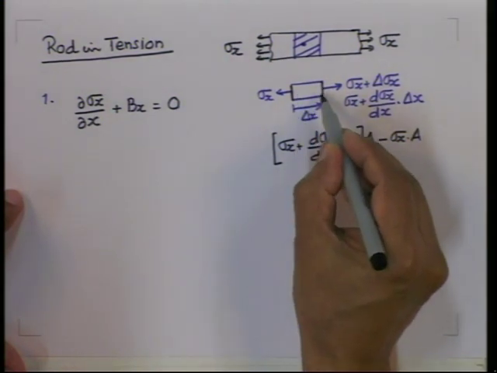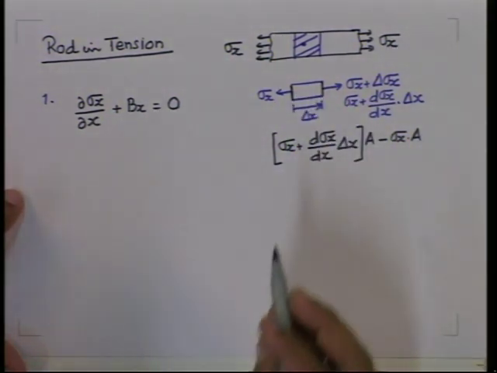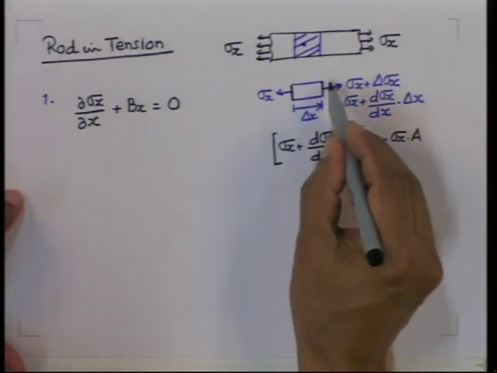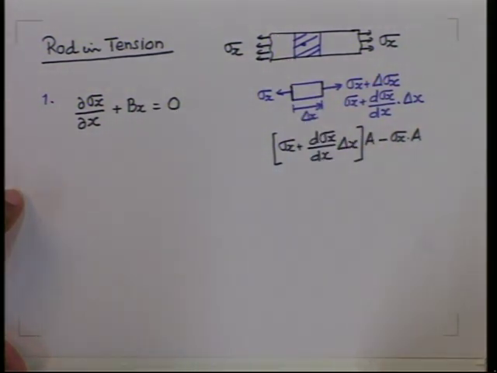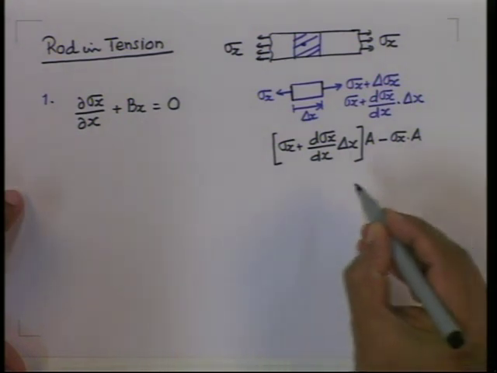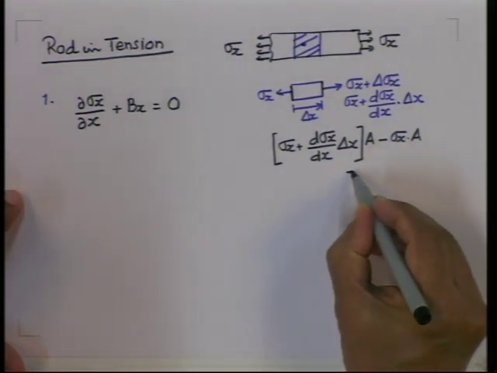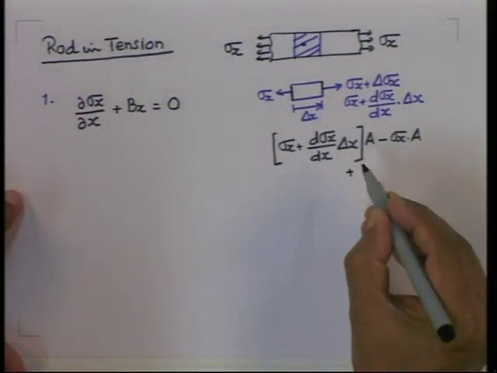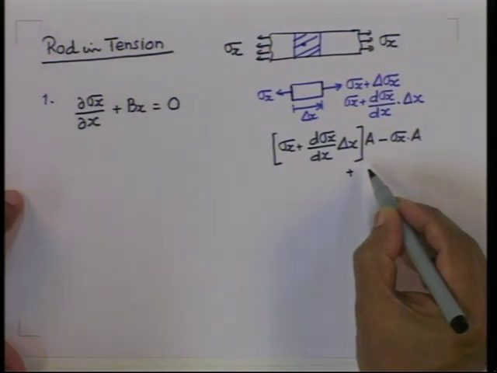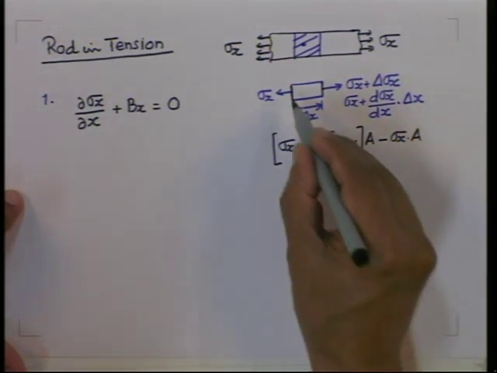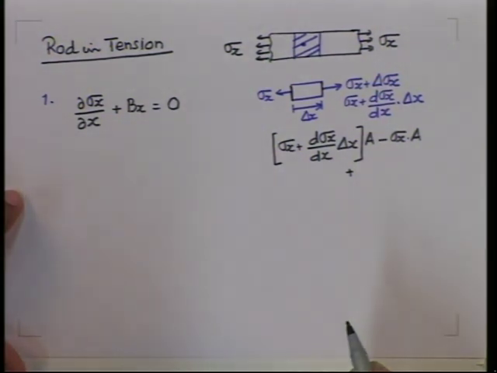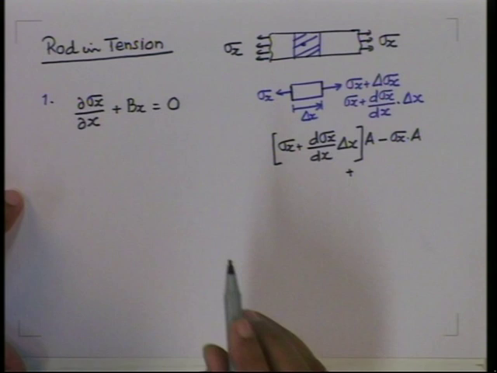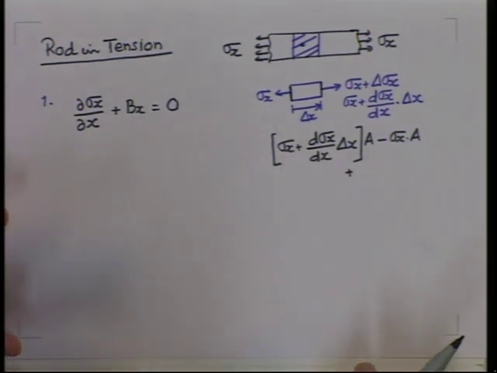And in case it has some self weight, which we call body force, if you take body force per unit volume, the total body force per unit volume is B x.